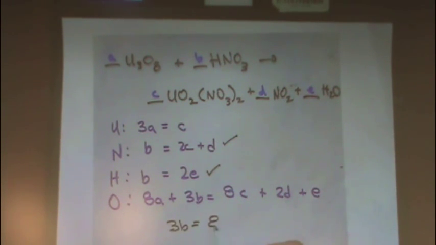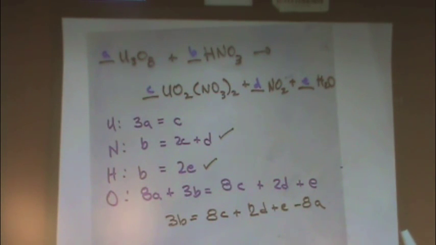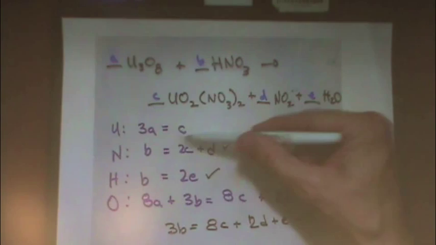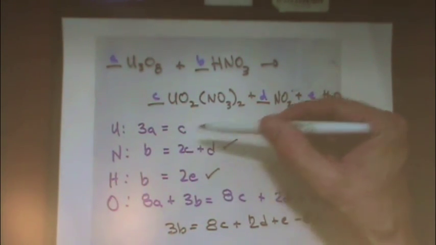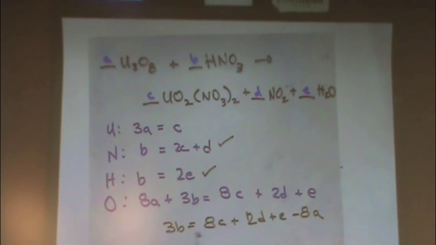3B equals 8C plus 2D plus E minus 8A. Okay, now I know a lot of these are equal. So for example, I know that B equals 2E. I can plug that in here.